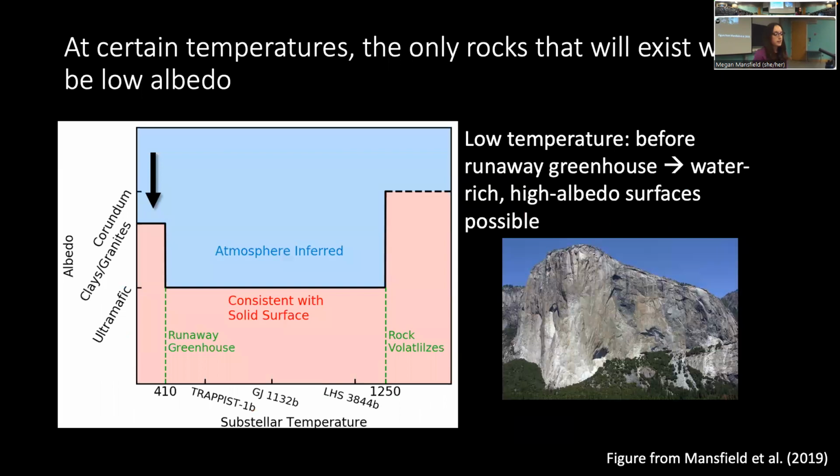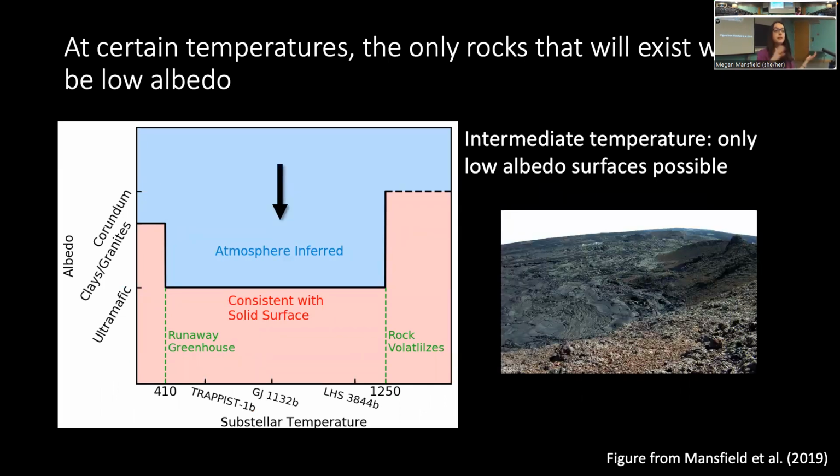So what that means is that if we look at a planet that's at a habitable temperature below the runaway greenhouse, we could have some of these water-rich surfaces existing, which would mean that the surface could have a high albedo, and so we wouldn't be able to definitively say that if we see a cold dayside, it must be an atmosphere.